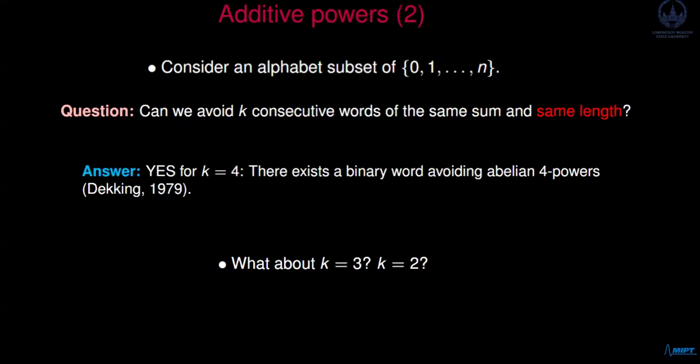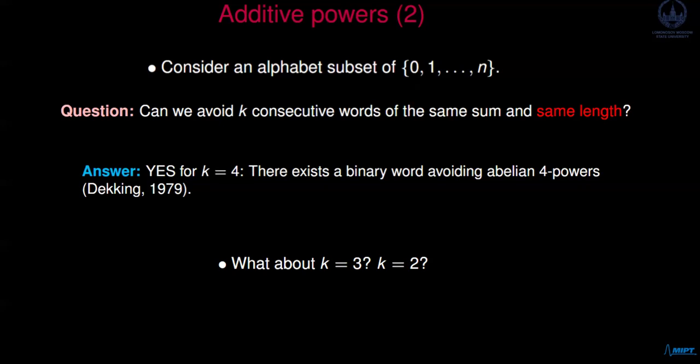Following up on the previous question, we now ask, can we avoid having k consecutive words with both the same sum and the same length? For k equal to 4, the answer is yes. In fact, there exists a binary word that avoids abelian 4-powers. This result was proven by Dekking in 1979.